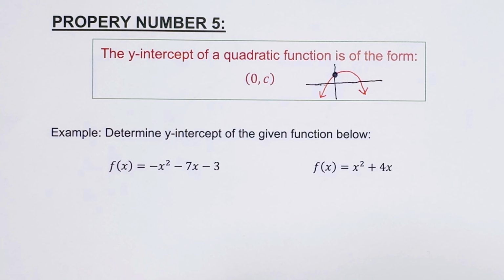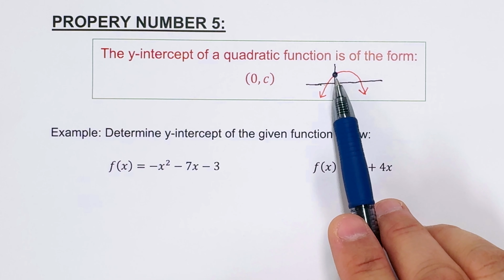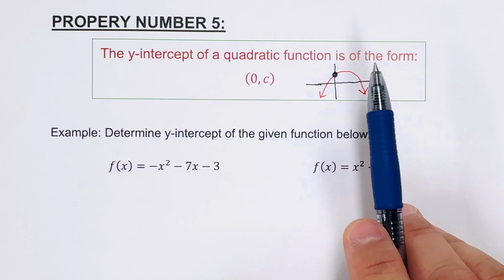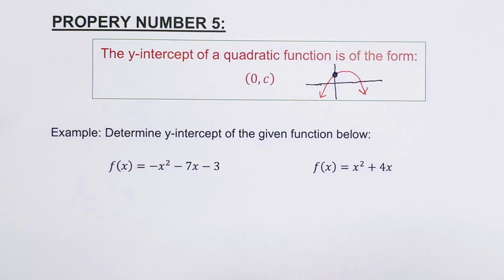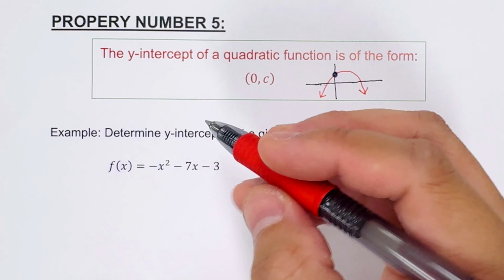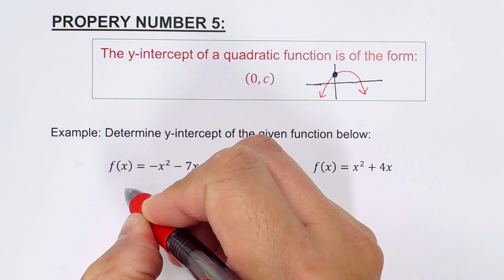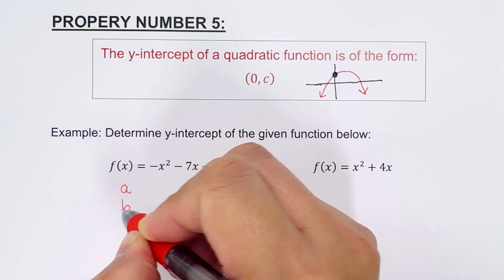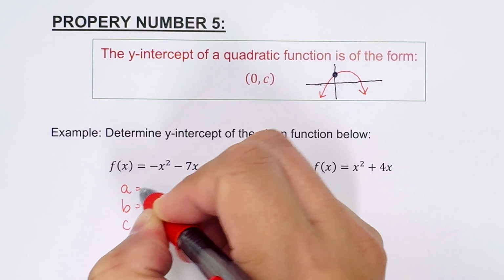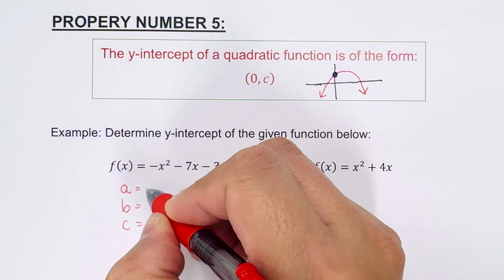Every quadratic function will always have a y-intercept every time, no matter what, and it's of the form 0, c. So the y-intercept is where it touches the y-axis. Let's determine the y-intercept of the given function below. Let's have our a, b, and c first. Our a here is negative 1.